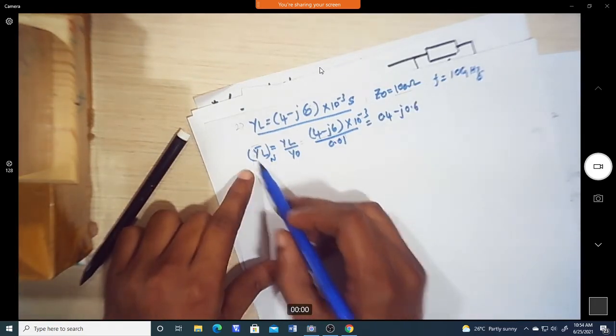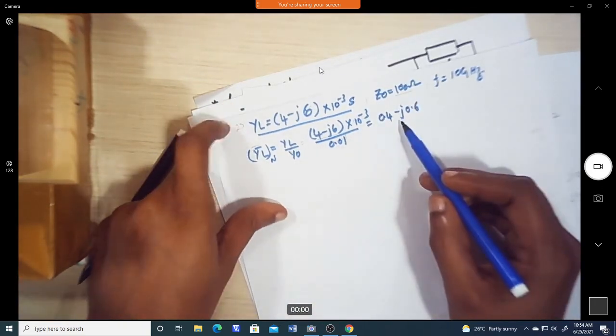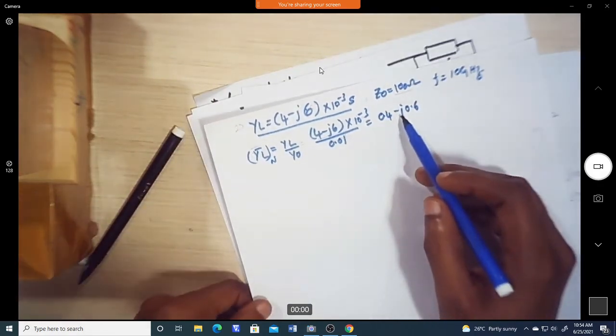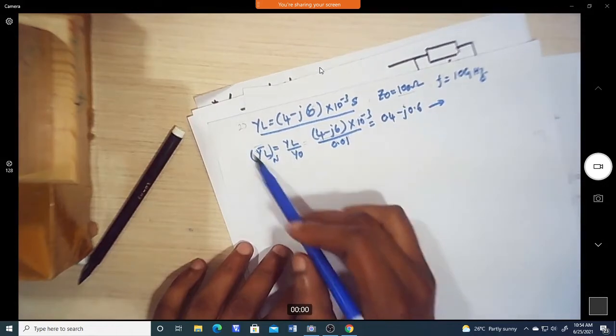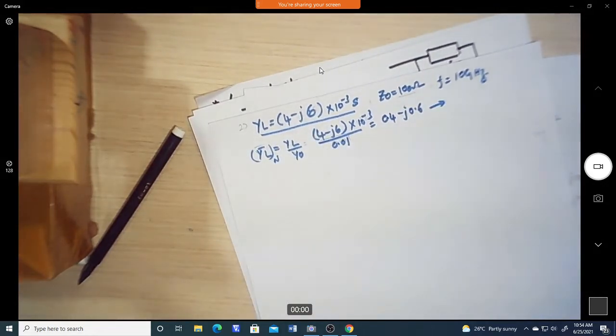This is the load location. Put the load location in the admittance chart and find the solutions. Try to do this and get the solution. If you don't get it, we will see in the next class.